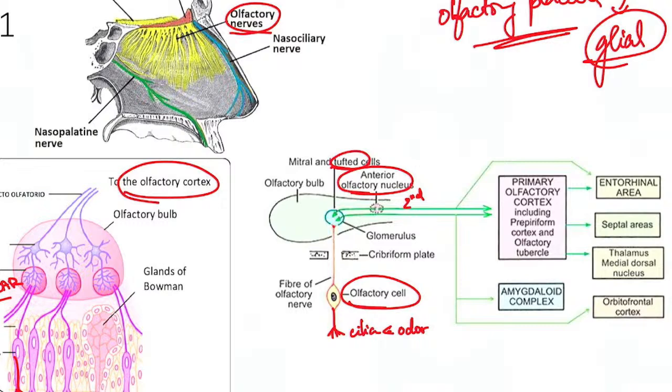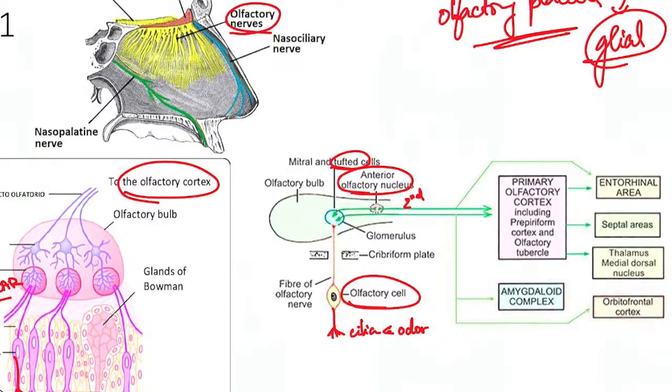Every object, for example, if you see a fish, you will remember the smell of a fish. Or for flowers, if you see a rose, you will remember the smell of a rose. So all those things are via this amygdala complex and also the orbitofrontal cortex.